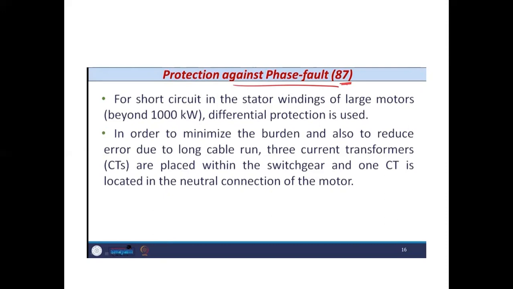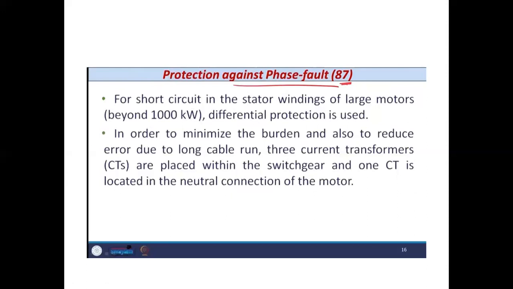Whereas if I have a small or medium range induction motor where we cannot use differential protection for short circuit, there we can go for IDMT relay or other types like instantaneous relay, because these relays are cheaper than the differential relay. So for large wattage we use this 87 relay, and for small or medium ratings we use the overcurrent relays.